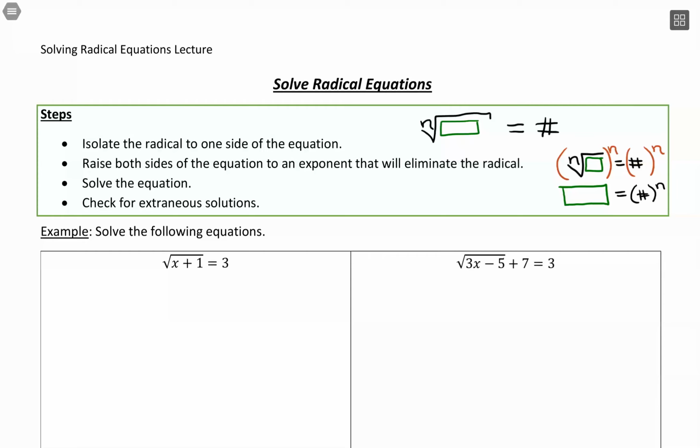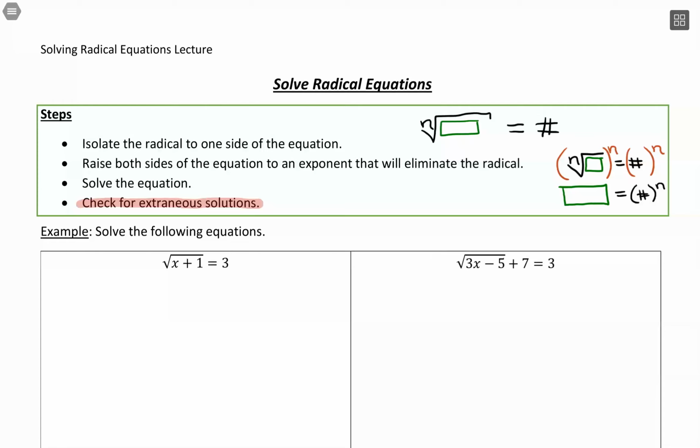Now, in terms of solving the equation, sometimes it'll be a linear equation, sometimes it'll be a quadratic equation, so we just want to pay attention to what we're dealing with and making sure we use the correct methods to solve.